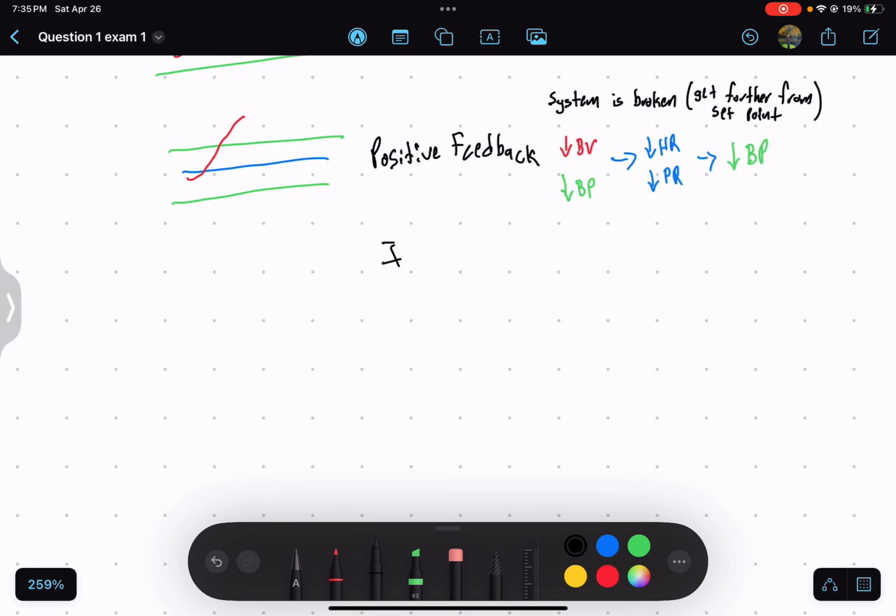Next, we have inadequate negative feedback. And that's when something happens such as the loss of blood volume will decrease our blood pressure. Then our system is going to work properly by increasing heart rate and increasing peripheral resistance.